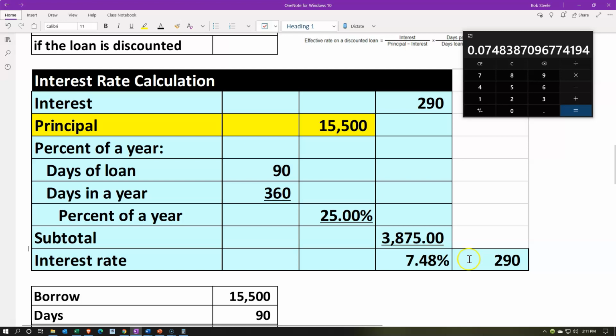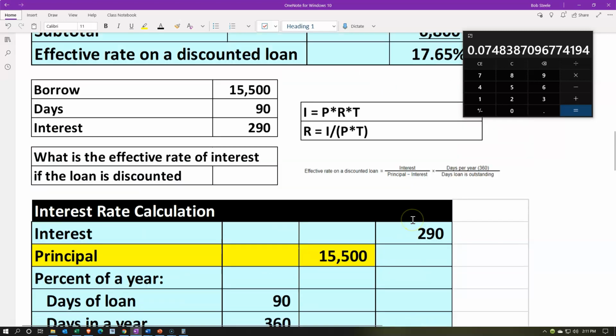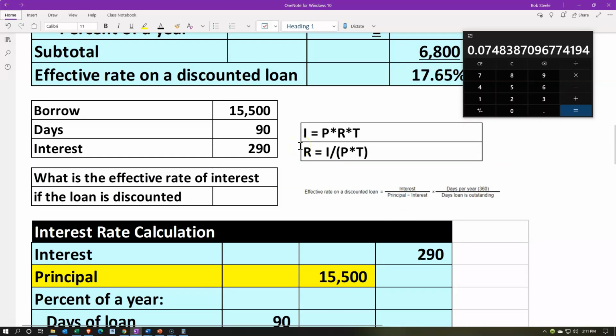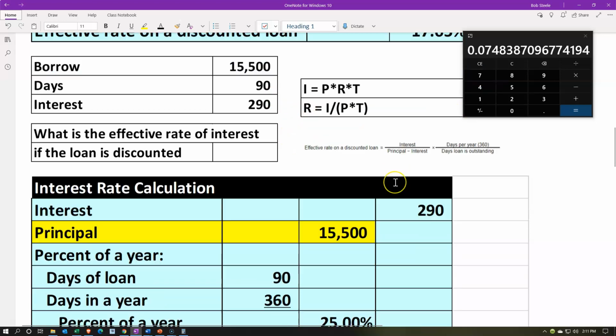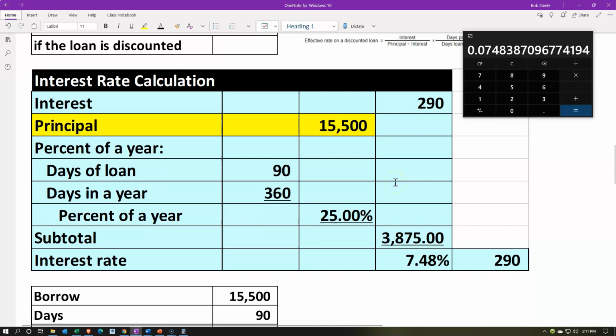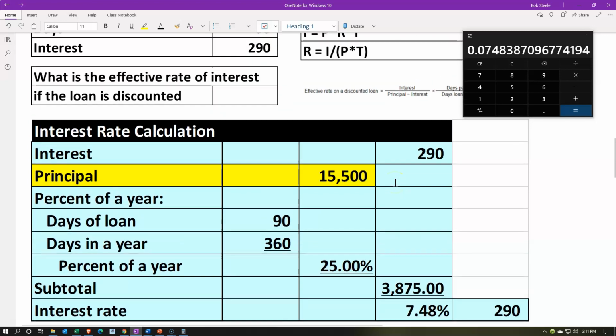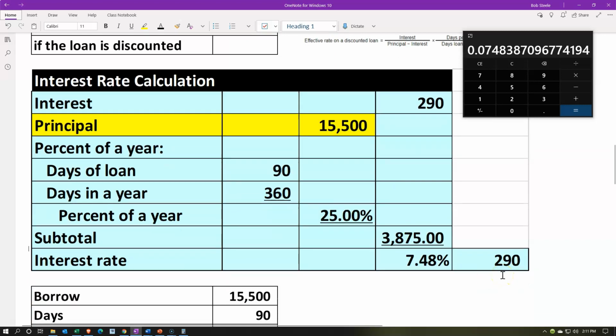So they might say here that you got a 15,500, 7.48% loan, which means that the interest that you would have if you calculate that out would be the 290 under normal kind of loan circumstances. But you can see if I had the interest, let's do it this way.